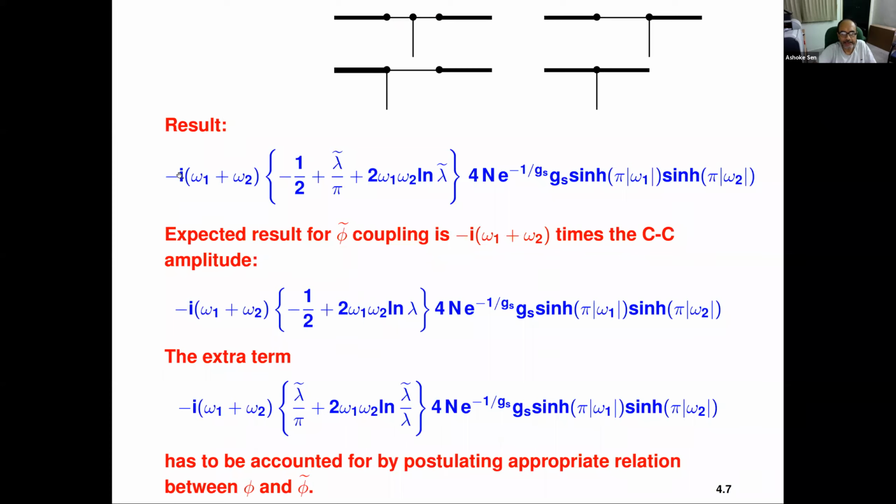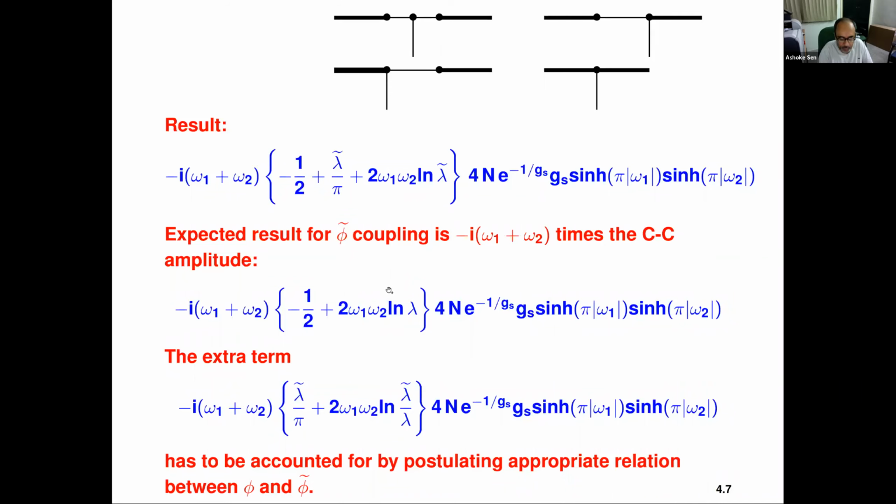So after doing all that, this is the result that we get. I have not described the details because the computation is relatively straightforward. Now let's compare it with the expected result for the phi tilde coupling, where phi tilde is the genuine collective mode. So the expected result for the phi tilde coupling is minus i times omega 1 plus omega 2 times the CC amplitude. And the CC amplitude we have computed before. These factors, of course, we had not displayed earlier, but the actual CC amplitude we had computed before.